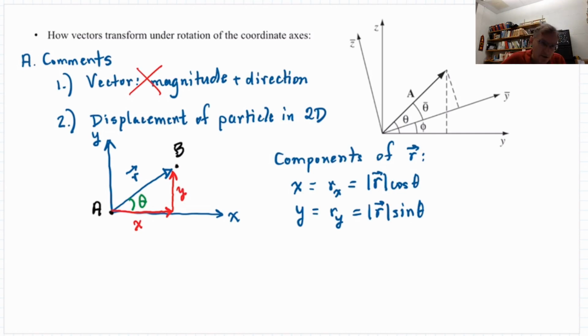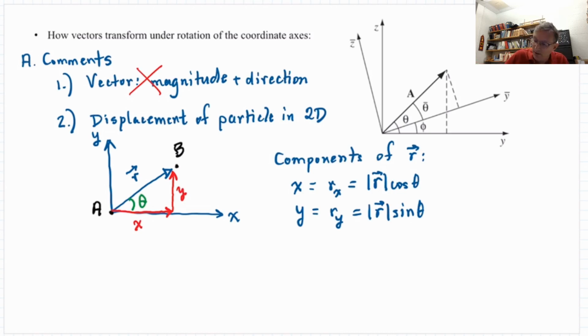But now what I want to do is see how the components of that displacement vector change if I do one particular operation with the coordinate axes. I want to rotate them. About the origin, I'll rotate them counterclockwise by some angle phi.